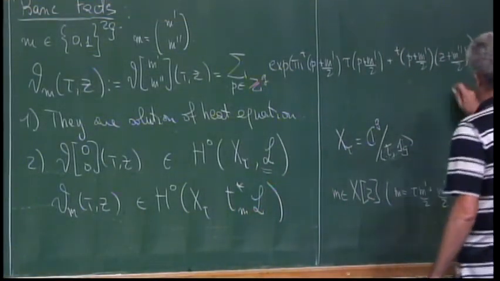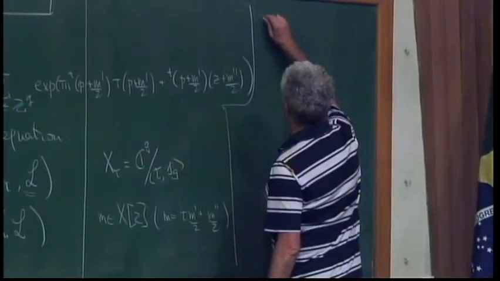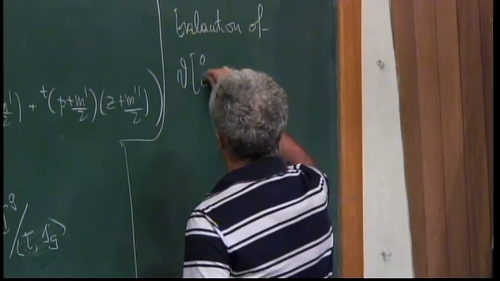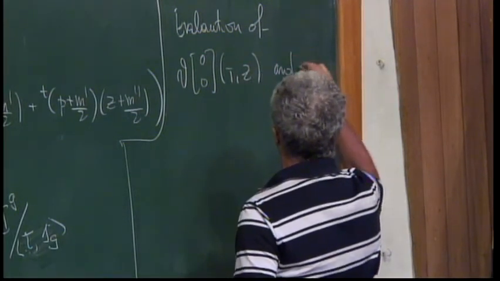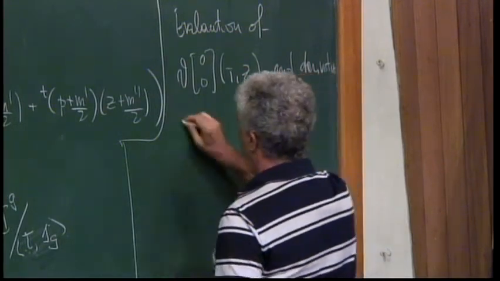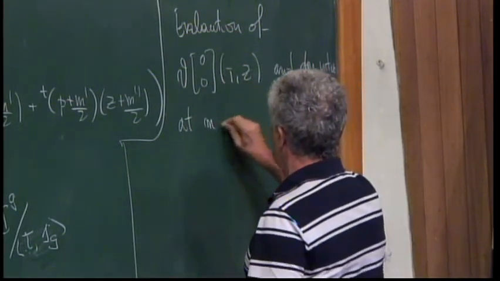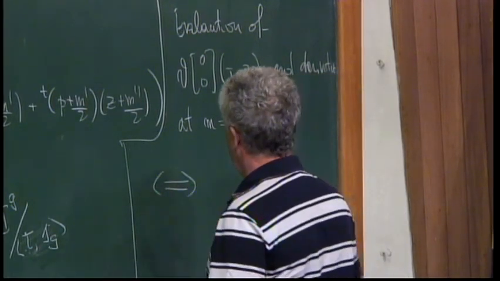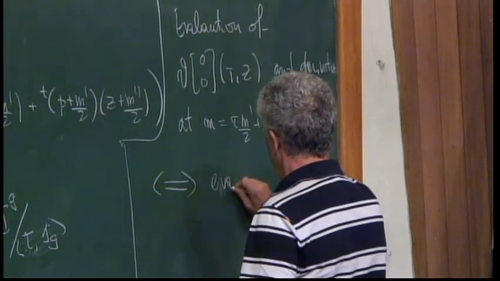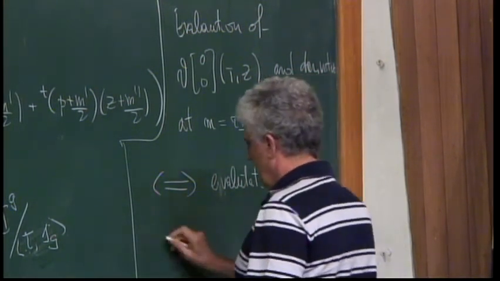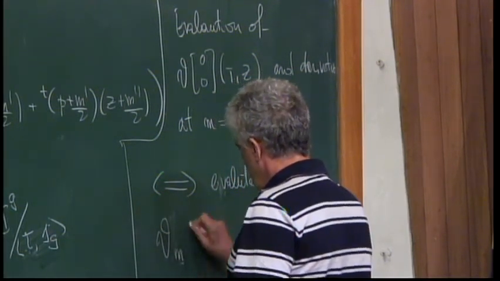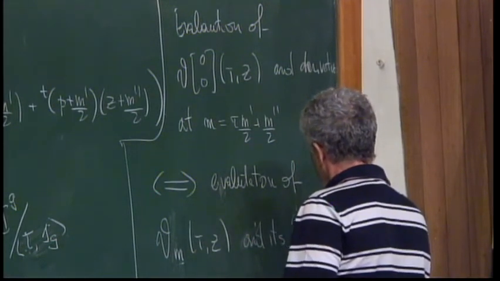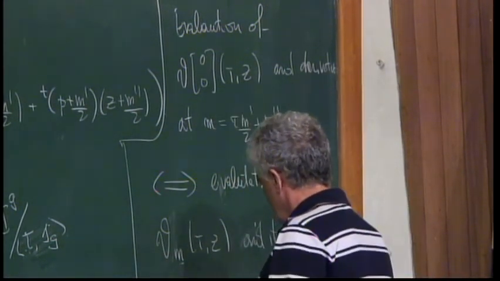And this is true also for derivatives. So the evaluation of theta 0,0 of tau, z and its derivatives at M, equal to tau M prime over 2 plus M double prime over 2, is equivalent to the evaluation of theta M of tau, z and its derivatives at zeta equal to 0.